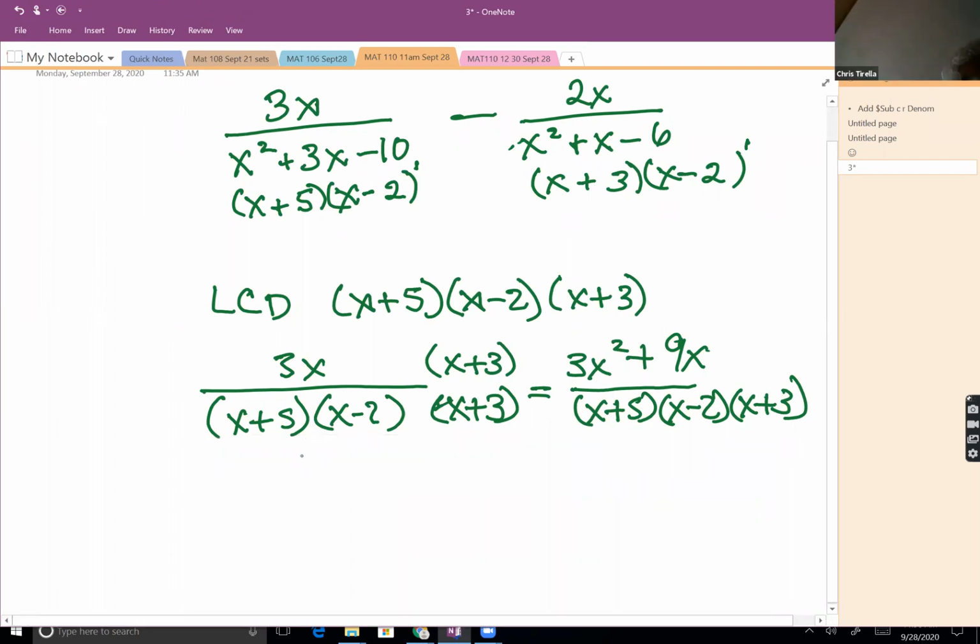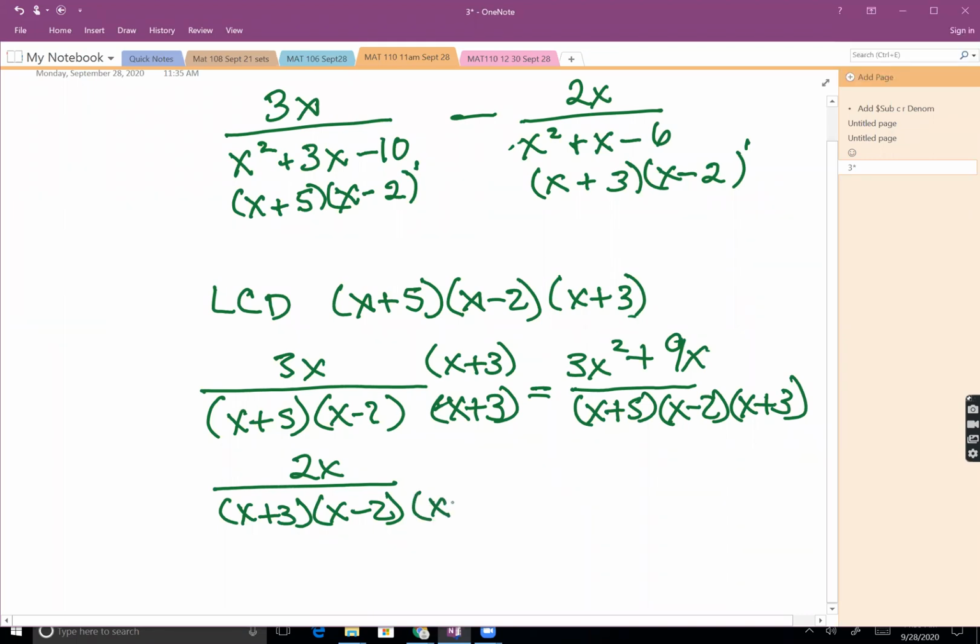Now we've got to do the same type of work for the next one. 2x over x squared plus x minus 6. Oh, I'm sorry. Let's leave that in the factored form. 2x over x plus 3, x minus 2. What's it missing from the common denominator? X plus 5.